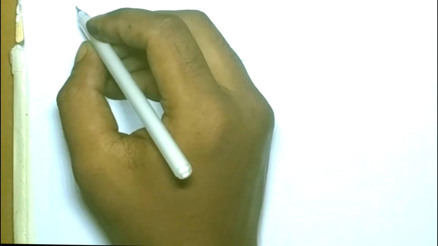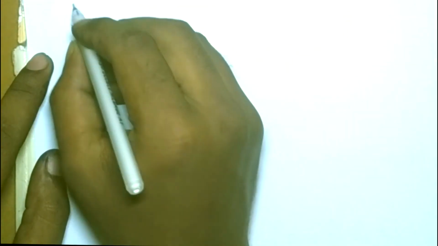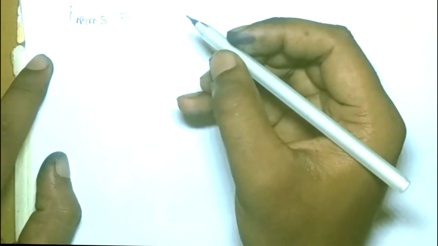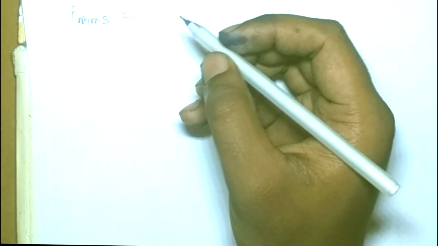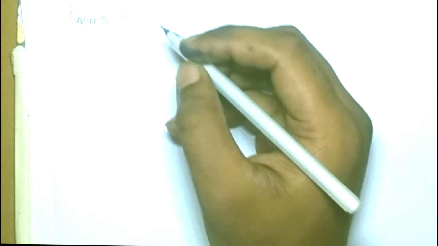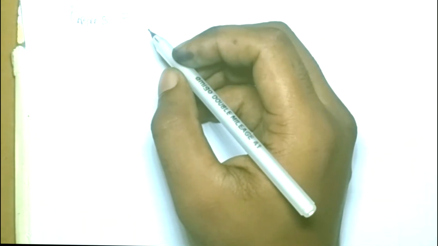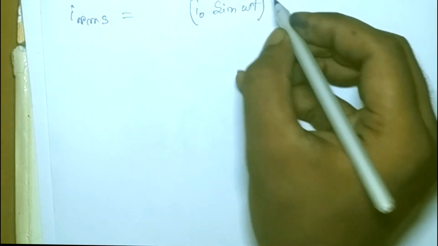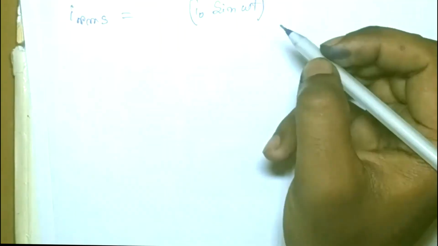Now we will calculate the RMS value. So this is I_RMS. What does RMS value mean? It means root mean square value. So in order to calculate the RMS value of current, we will first square the term, that is I0 sin omega t. So we'll square the term, then we'll calculate the mean.